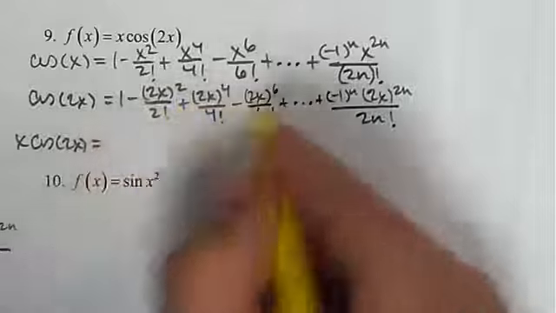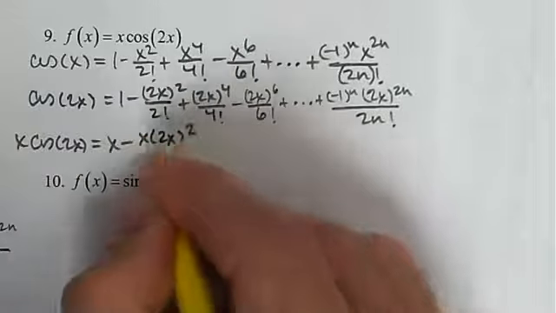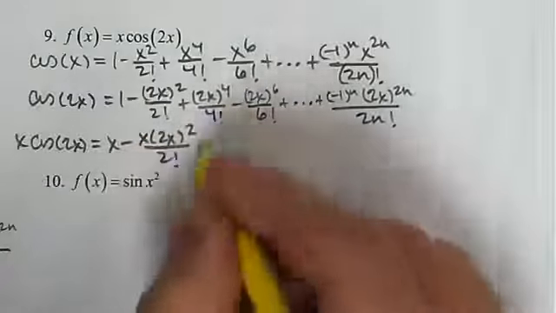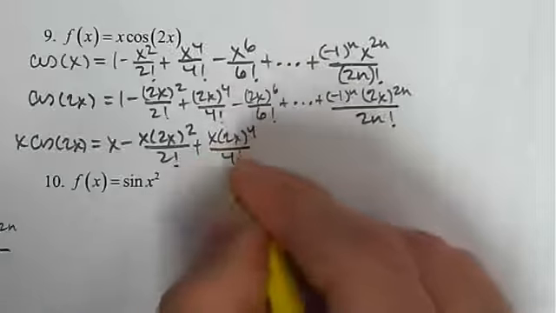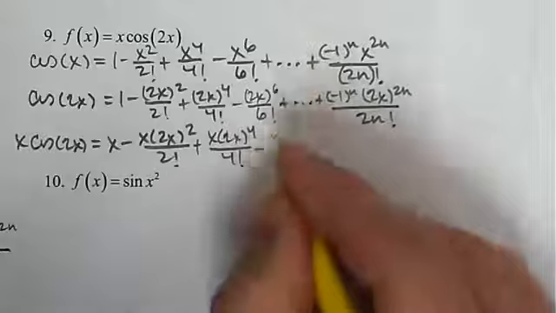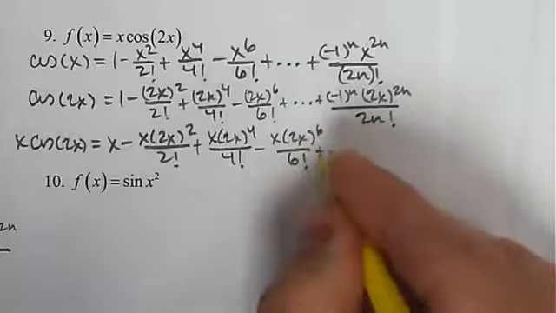I'm going to multiply each thing by x. So x minus x times (2x) to the 2 over 2 factorial, plus x times (2x) to the 4 over 4 factorial, minus x times (2x) to the 6 over 6 factorial.